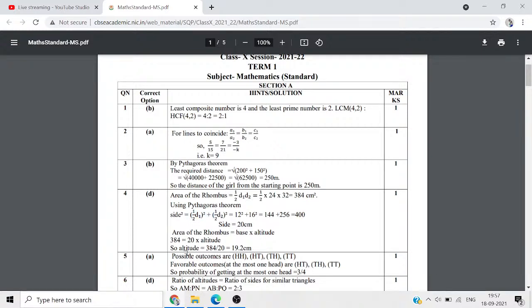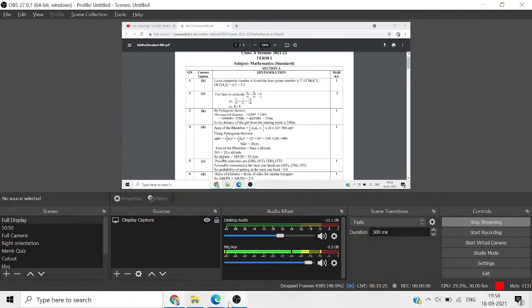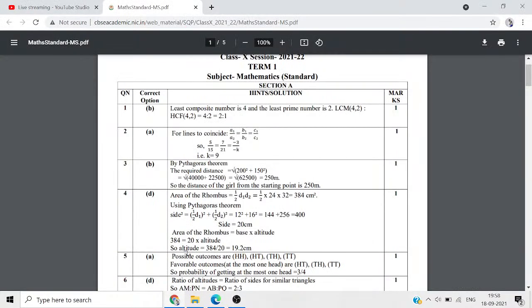Acha, wait. You have to use the Pythagoras theorem over here because they are asking you to calculate the altitude. So for calculating the altitude, you have to use the Pythagoras theorem. Sorry for the disturbance. So side square will be half into diagonal 1, plus half diagonal 2 whole square.